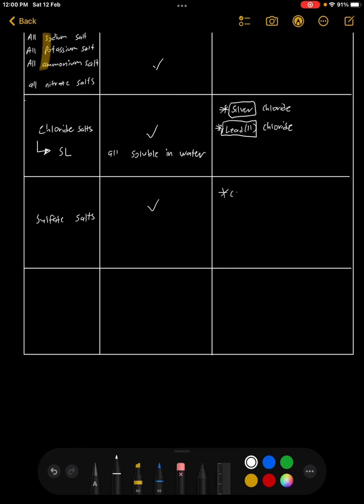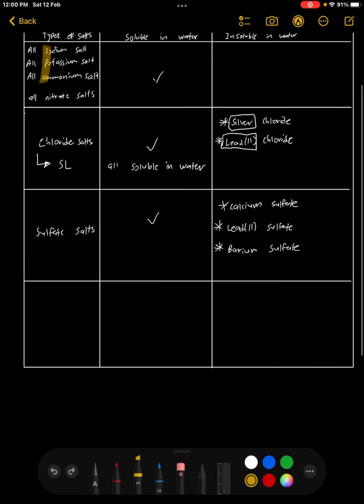Firstly, we have your calcium sulfate, followed by lead(II) sulfate, and lastly, we have your barium sulfate. Similar to chloride, you can see that your lead(II) is insoluble in water, here and here.